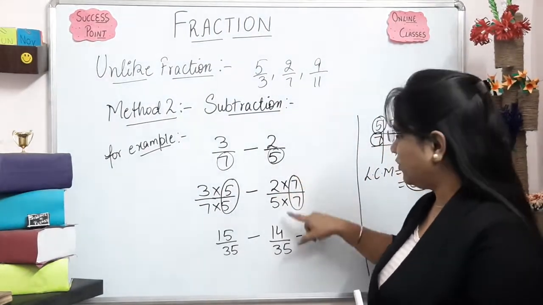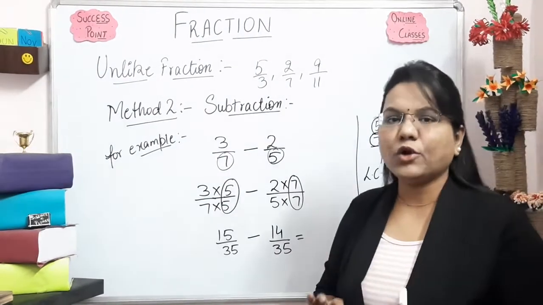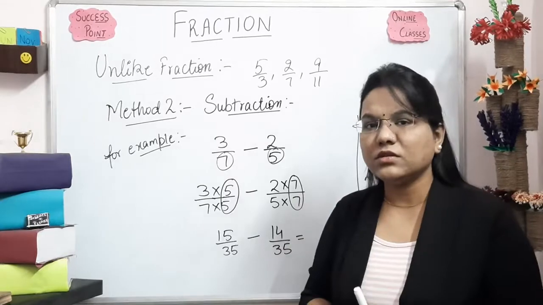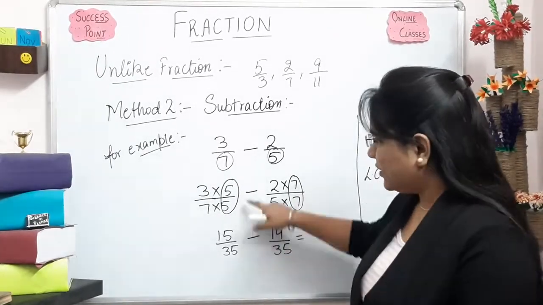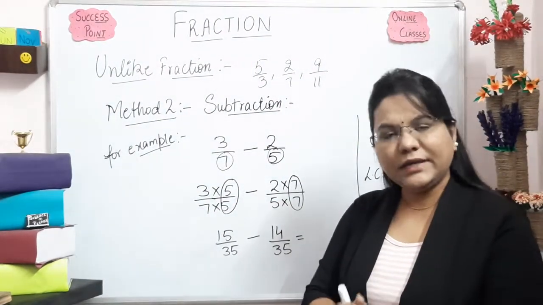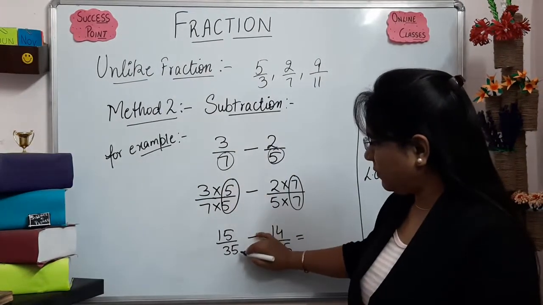But you can't multiply only the denominator. So what do we have to do? Multiply with the numerator also. This is the equivalent concept. We multiply up and down with the same number. So we will get the answer 15 by 35, 14 by 35.